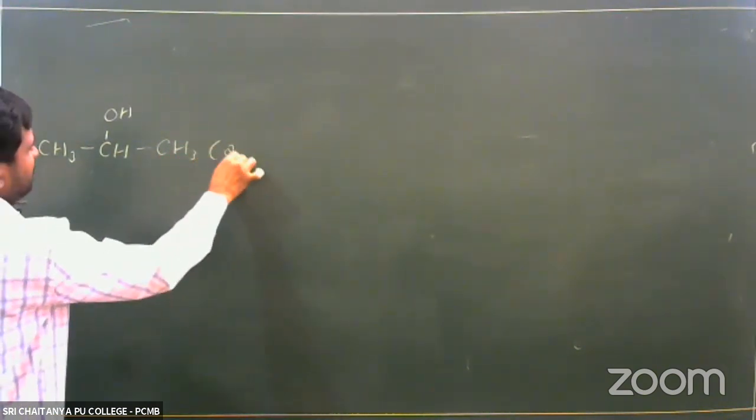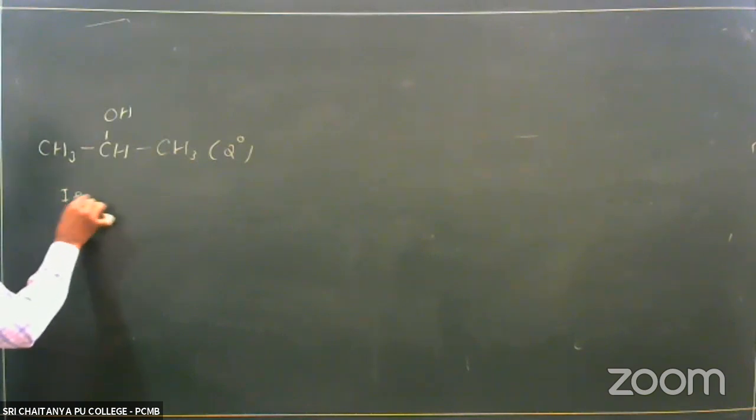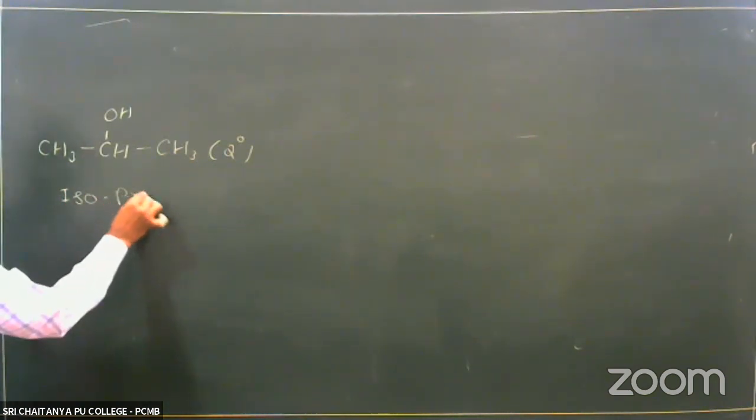Next one. Suppose you take a secondary alcohol, CH3CHOHCH3. It is a secondary alcohol. Its common name is isopropyl alcohol.